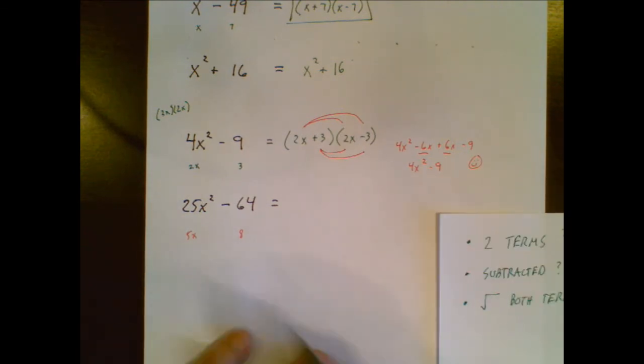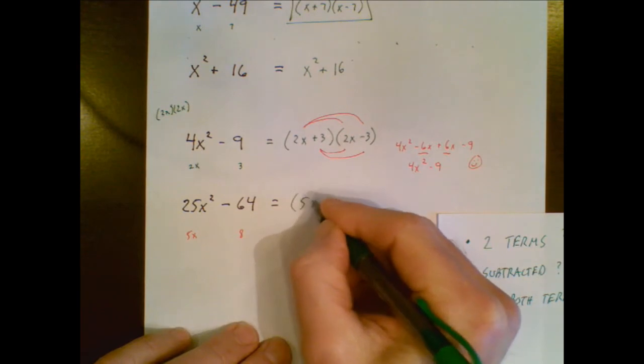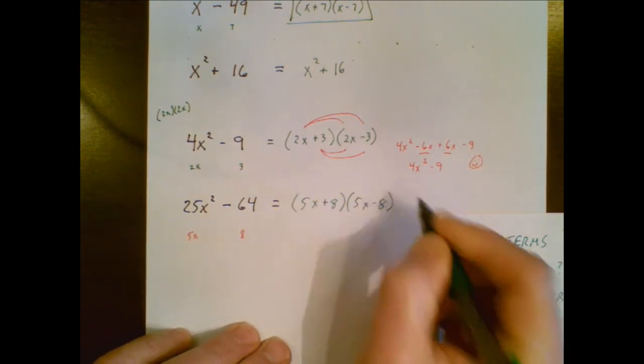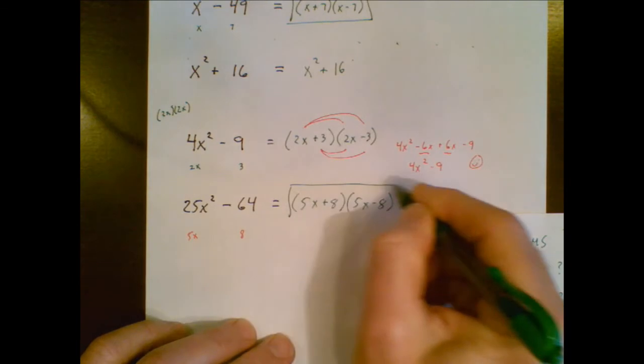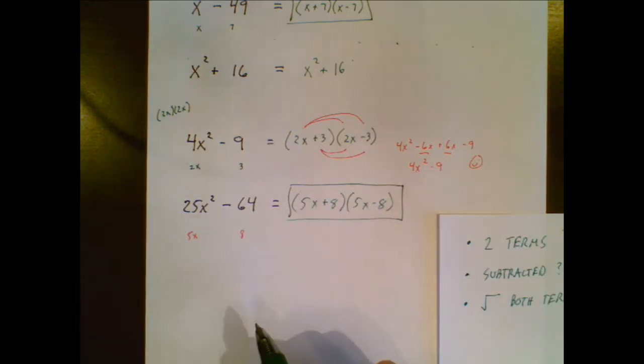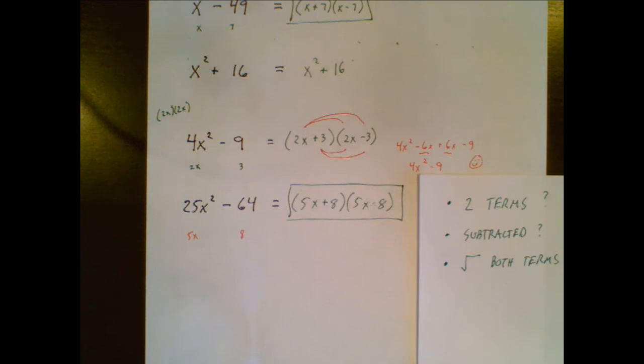So now I can go ahead and write my final answer. 5x plus 8, 5x minus 8. Take my word for it. If I were to do the distribution, I would arrive back there, and I know I have a correct final answer.